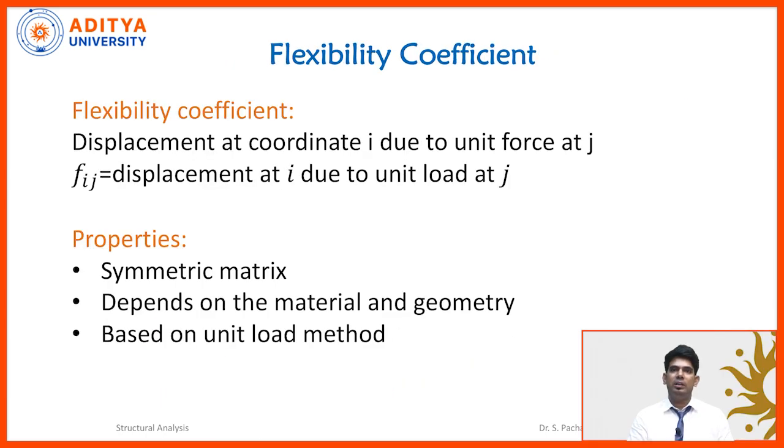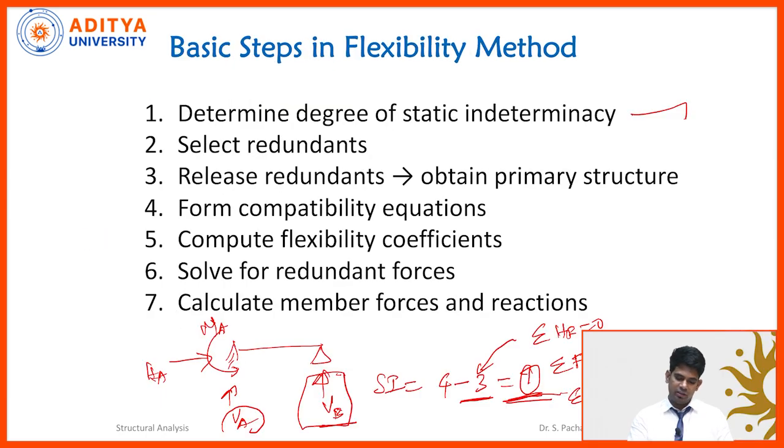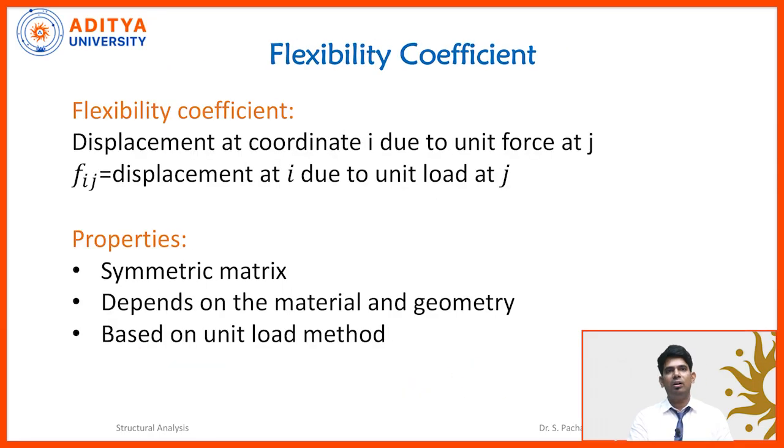Then, in the procedure, we have seen the flexibility coefficient. What are these flexibility coefficients? This is nothing but the displacement at coordinate i due to a unit force at j. So, if you take a beam, this is the beam, and you can see the displacement at coordinate i due to a unit force at j.